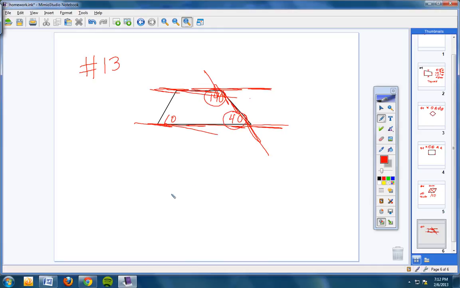You learned last semester that when 2 lines cut by a transversal have consecutive interior angles right here that are supplementary, then these 2 lines are parallel. You should have learned that last semester, and now you see how math builds. And so we know for sure, let me get rid of all of this, we know for sure that this line here is parallel to this line here.